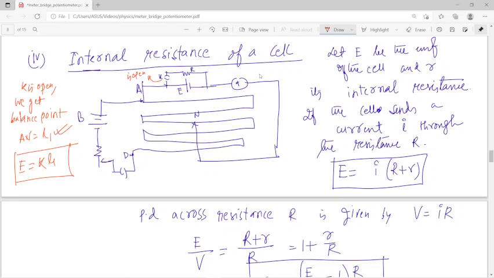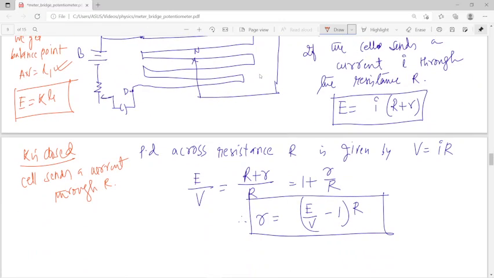Now K is closed. If the key is closed, the cell sends a current through capital R, and the potential difference across its terminals now falls to V, say.